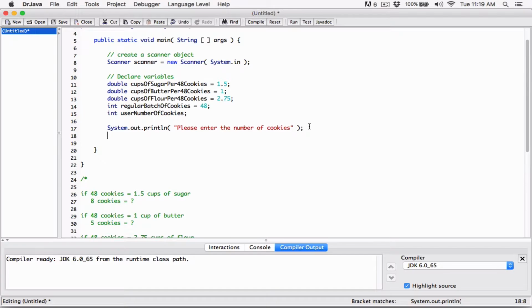Then we prompt for input. I'll use the name of the scanner, scanner, and the nextInt method to accept an integer. Once we accept that, we store it in the variable created for the user's input, user number of cookies.